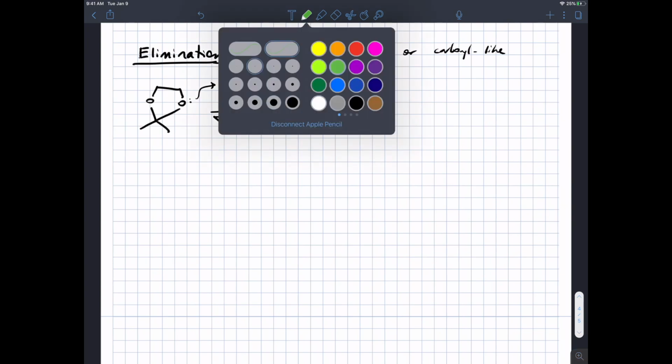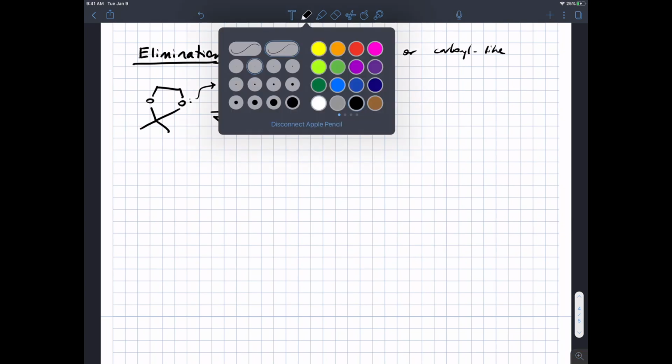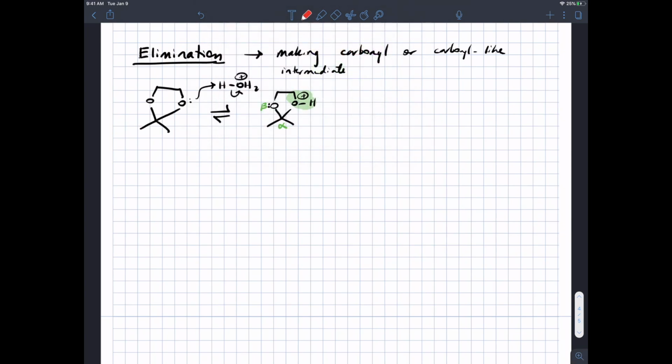And when there are lone pairs or extra electron density on the beta atom, those lone pairs can dump themselves into the antibonding orbital between the leaving group and the alpha carbon to create a new pi bond, and the leaving group leaves.